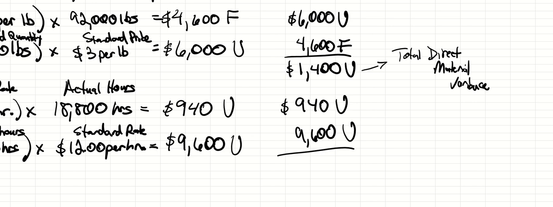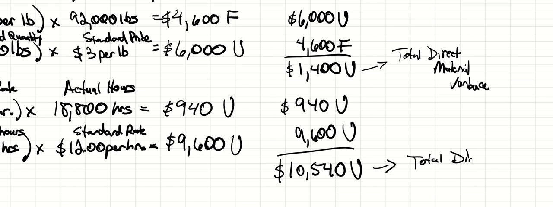Well, since they are both unfavorable, we can just add them together, and that's going to come out to be $10,540, and hopefully I did this correct. Yep, the math is correct. This is going to be an unfavorable variance in total, and this is going to be our total direct labor variance.